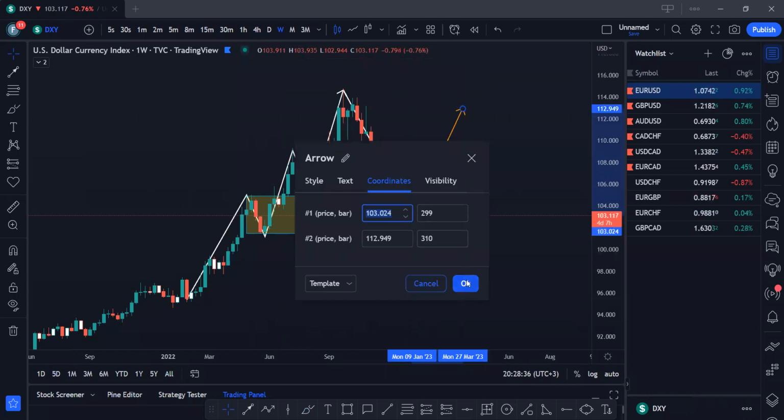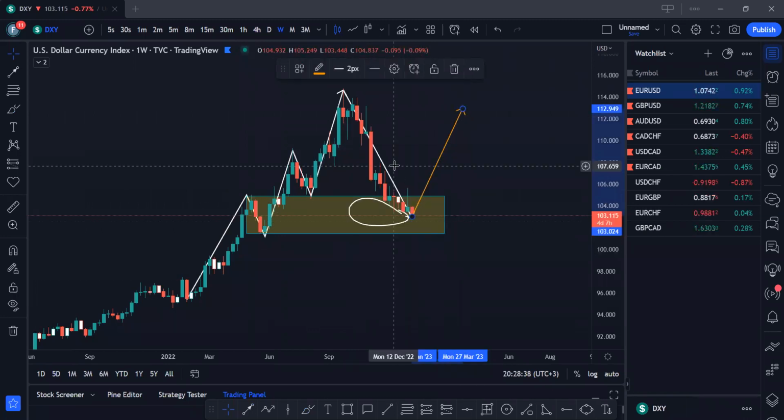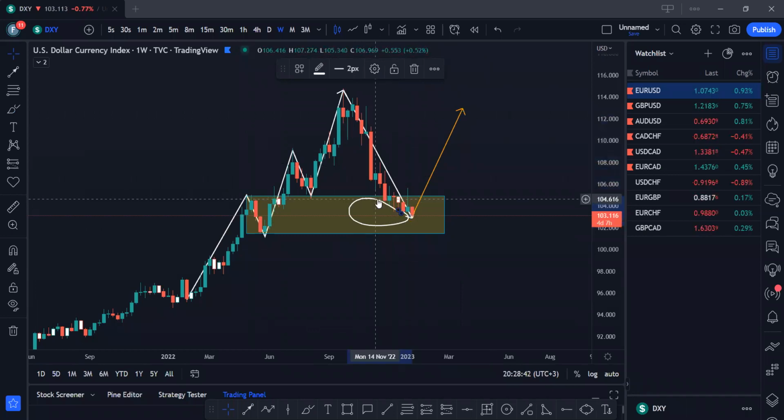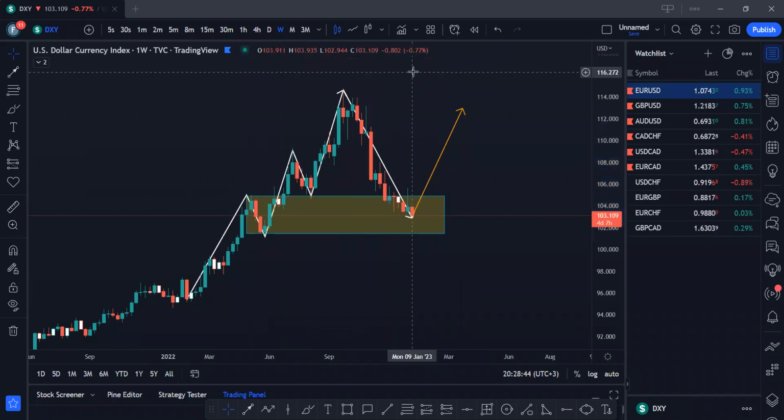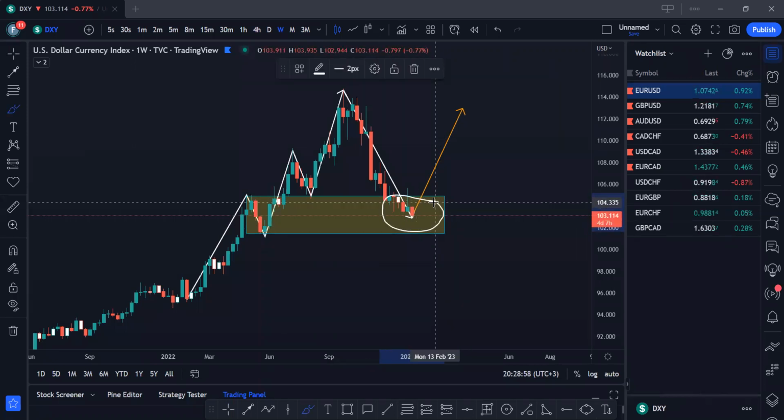Now, because this is the weekly time frame, things can be slow on weekly, right? So ideally, in the next few weeks, the dollar should bounce back, okay? If price does not break this demand zone, the dollar should bounce back eventually, all right?